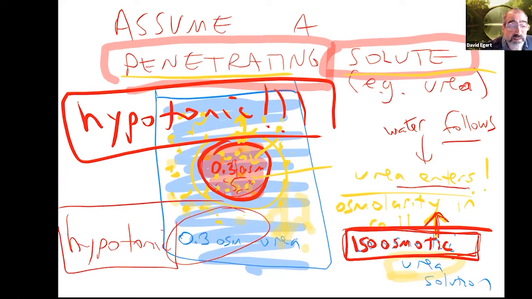So this idea of a solution, and obviously it makes sense to understand the details of what you can put in somebody's body and not explode their cells. This is all about how a particular solution is going to affect your body cells. You have to think about two things.